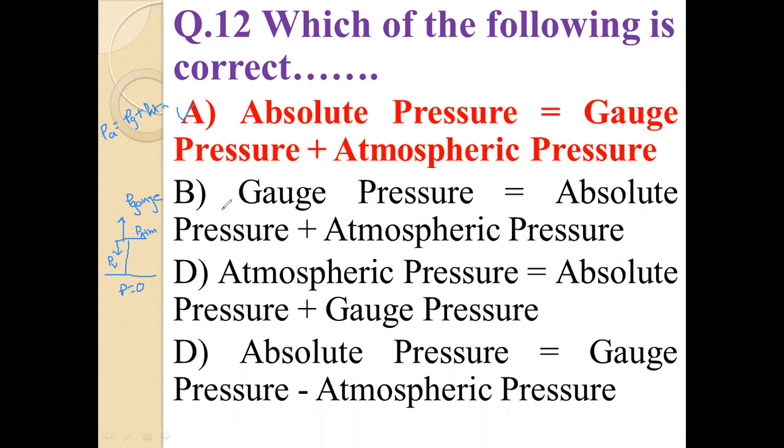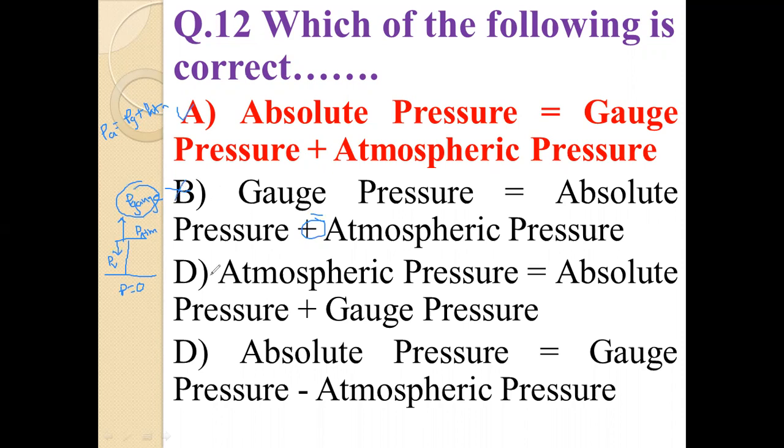Now, what about B? The gauge pressure is equal to absolute pressure plus atmospheric. Instead of the plus symbol, there must be the minus symbol, then option B will become correct. Otherwise, this is a wrong option.